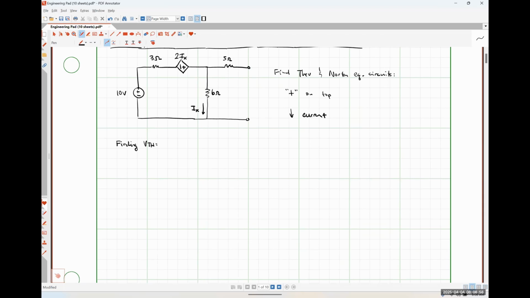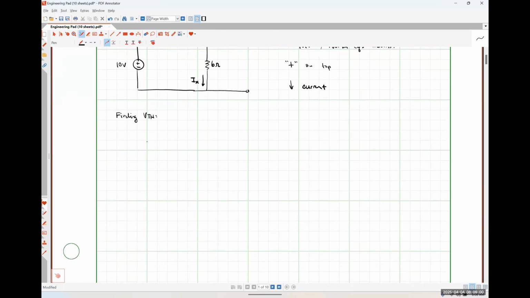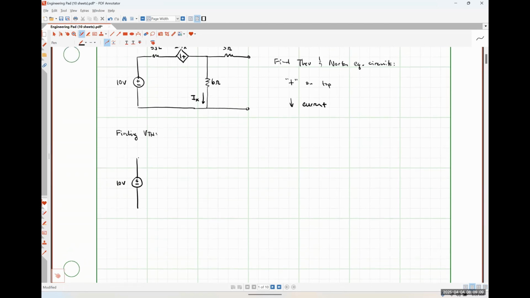So we're going to do the exact same thing that we did on Wednesday. I'm just going to say that the Thevenin voltage is the voltage drop that appears across the open circuited terminals of interest.